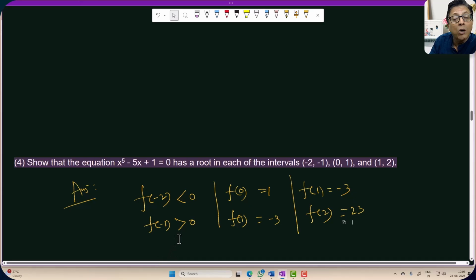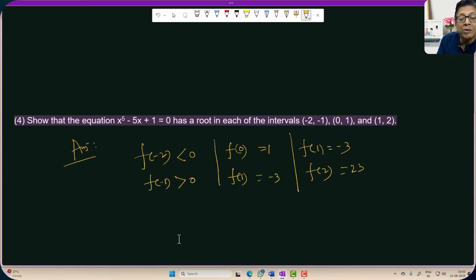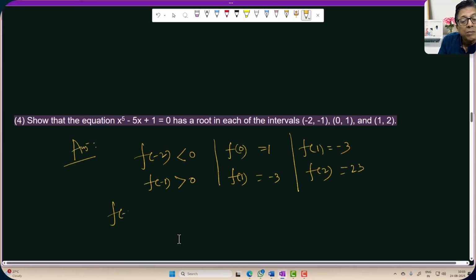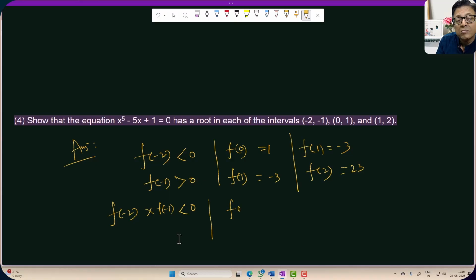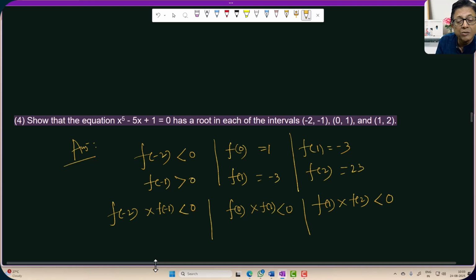So what have you got for each part between minus 2 and minus 1? f of minus 2 into f of minus 1 is less than 0. f of 0 into f of 1 is less than 0. f of 1 into f of 2 is also less than 0.